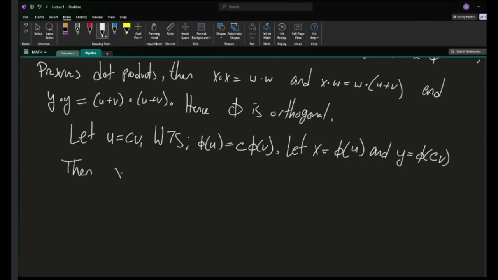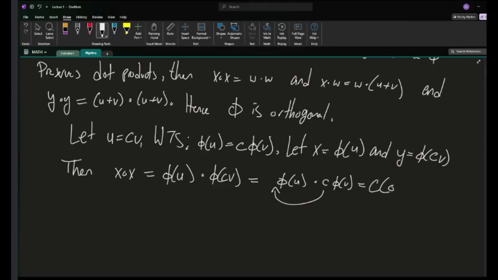then x dot x is equal to phi of u times phi of cv, which is the same as saying phi of u times c phi of v, which by dot products, we just take this to the outside and just have c times phi of u times phi of v.